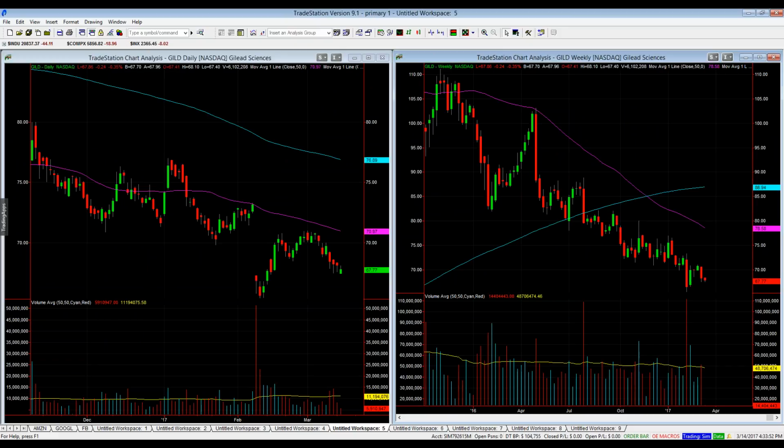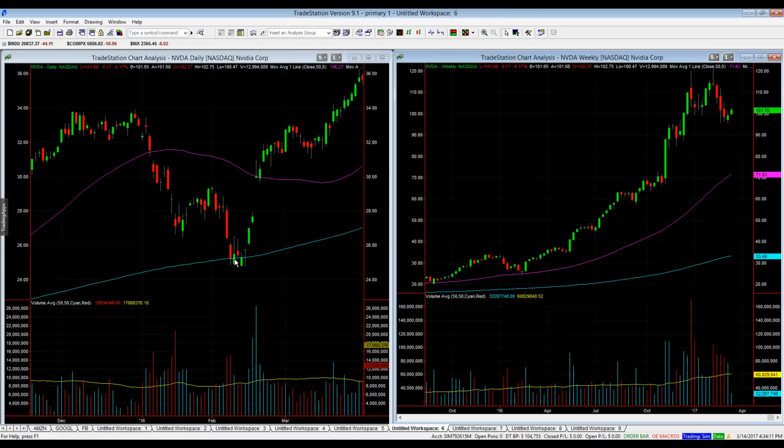The next key takeaway is time frame collision. When you've got a key test on the daily chart, you're testing the 50-day, 200-day at the same time as a key test on the weekly chart, then that gives you an even stronger setup, such as that Nvidia example where we're getting a great test on the 200-day, also coinciding with the 50-week.